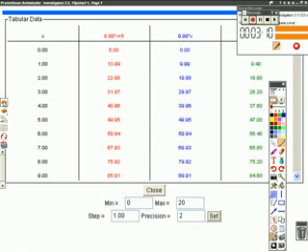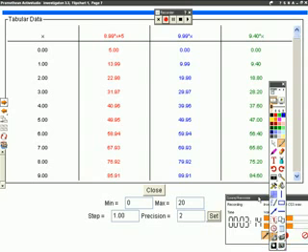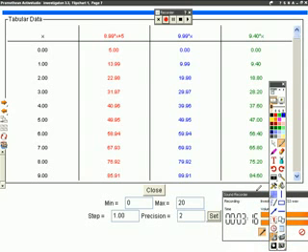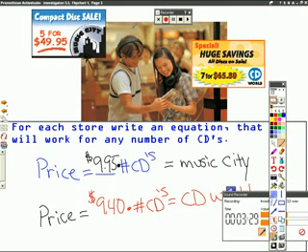So it gives me all the data. So all I got to do is match up the equations. So this is for the web. And the $9.99, I can't remember which one that was. So I'm going to go back here. Or $9.95. That was for Music City.